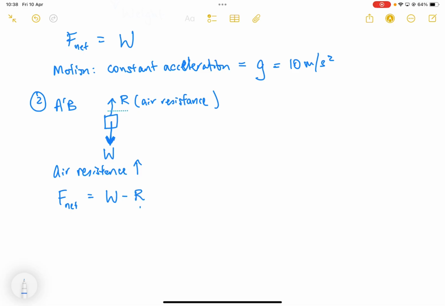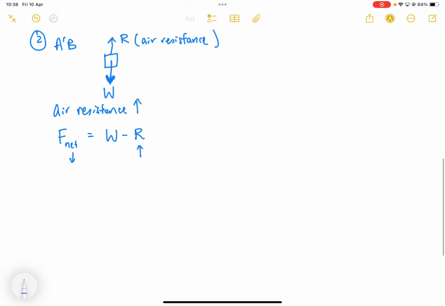So you think of W minus an increasing number, therefore the overall number will drop and become smaller. So the resultant force decreases when the air resistance increases. Are you all following?